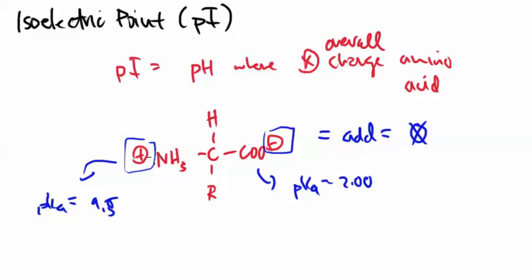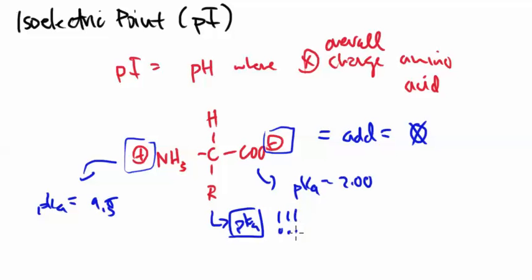If you're working out of the 7th edition text, this is table 22.3. If you're working out of another version of the text, the table is still in there. You might just have to look for it a little bit, but you're going to see all of the amino acids that are listed, and you will see their exact pKa values for the carboxylic end and the amino end. Now, some of these amino acids, their R groups also have a pKa, because think about it.